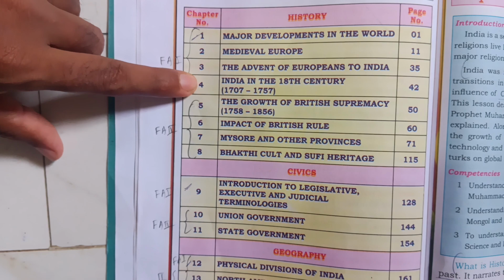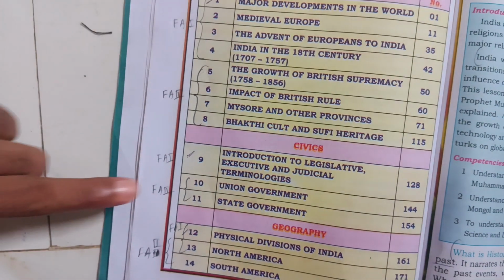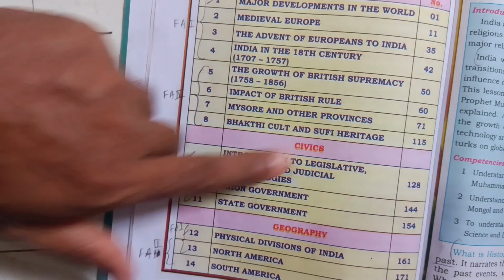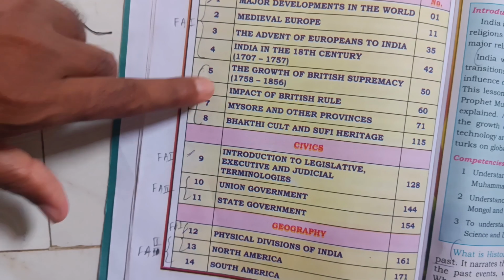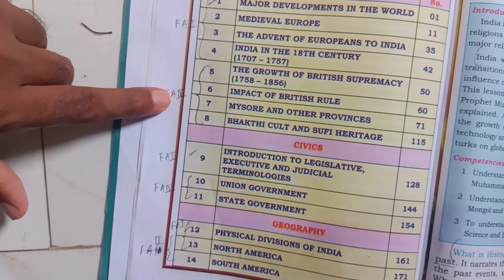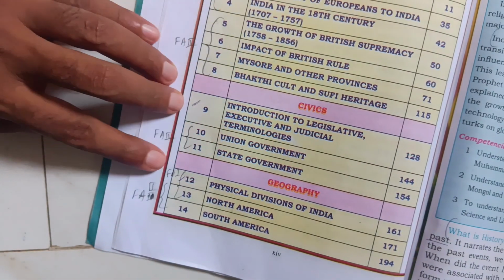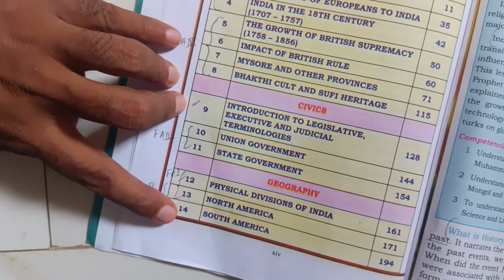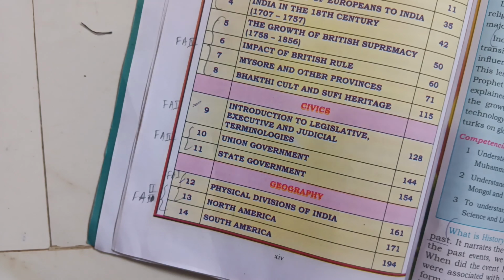These 4 from history, this 9th chapter from civics for FA1, these 2 for FA2, and from history these 5, 6, 7, 8 chapters for FA2, and from geography the 12th chapter for FA1 and the 13th and 14th for FA2. Okay, this way you have to divide the total number of lessons, then make the yearly conspectus.